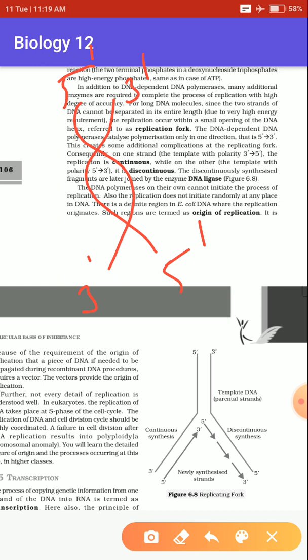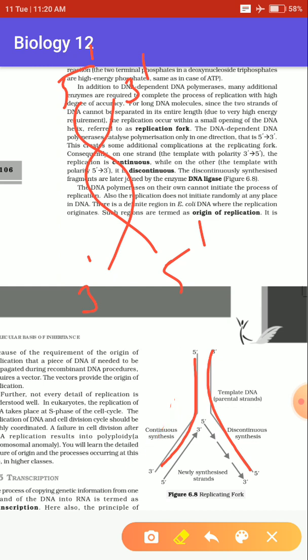DNA polymerase always acts in such a way that it gives a continuous strand, or replicates continuously, if the strand is 5 prime to 3 prime. You can see here, this is the strand, and this is another strand.